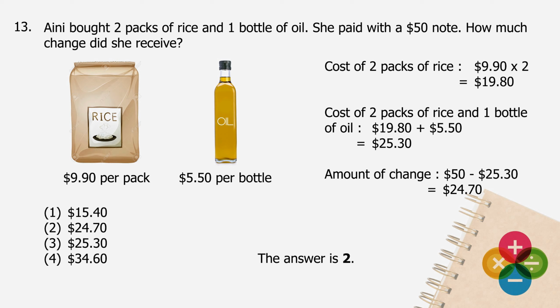The cost of 2 packs of rice and 1 bottle of oil will be add $19.80 to $5.50, and the sum is $25.30. The amount of change will be subtract $25.30 from $50, and the difference is $24.70. The answer is 2.